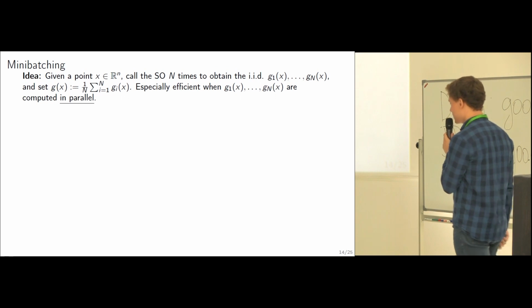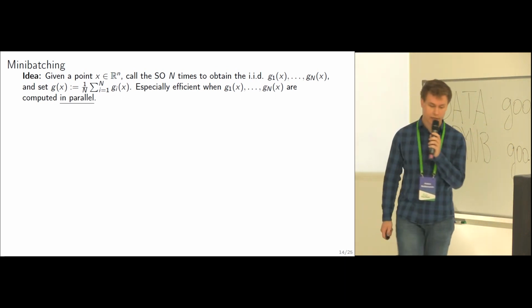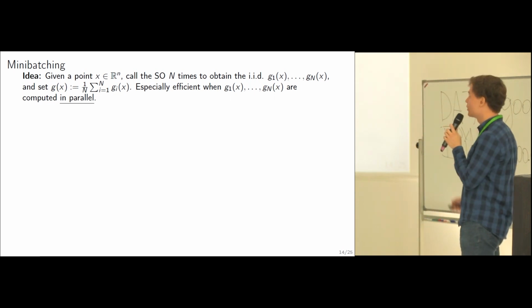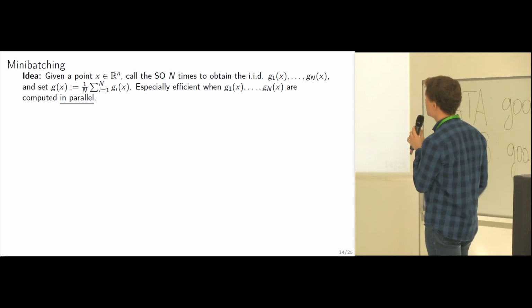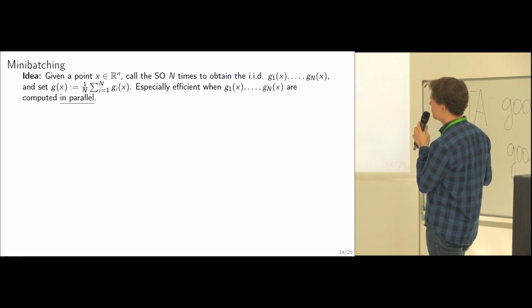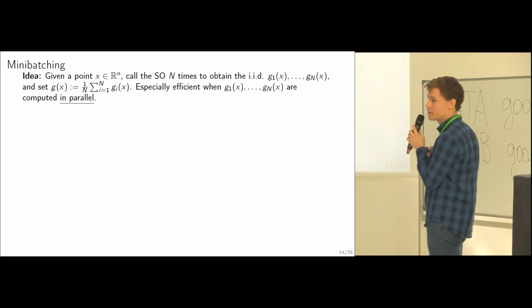This is usually very efficient when we can compute these stochastic gradients in parallel. So if we have big N processors or workers, we can basically compute this quantity in the same time that we computed just one of these stochastic gradients.